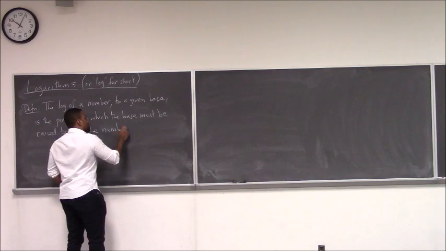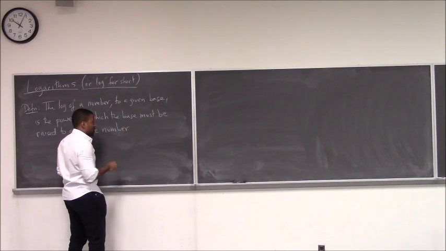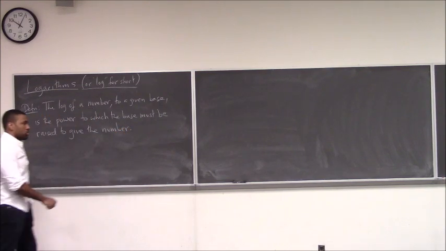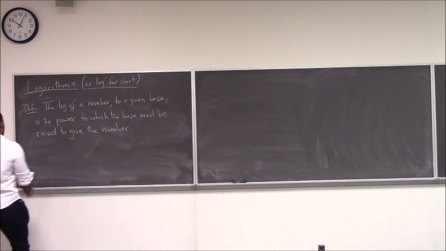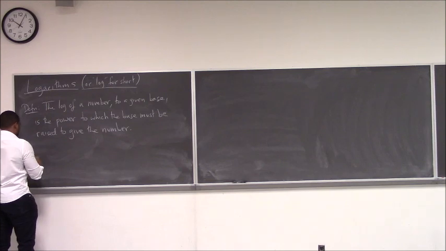So logs and exponentials are very intimately linked. I'll describe their relationship in full to you shortly. But the log of a number to some given base is the power to which the base must be raised to give the number. Segue into notation here.